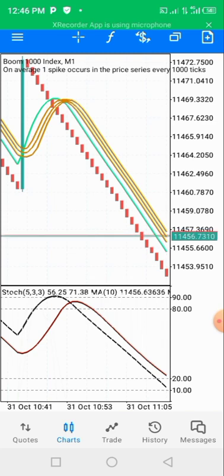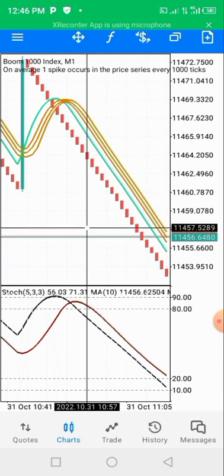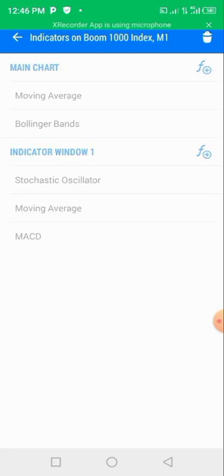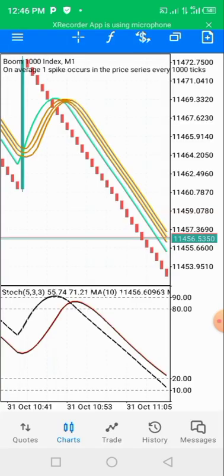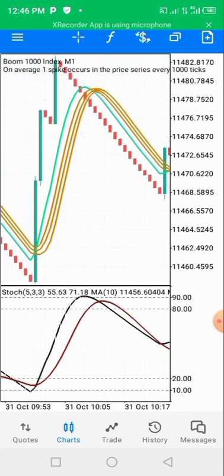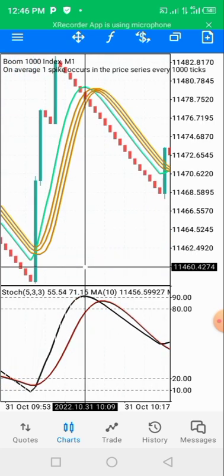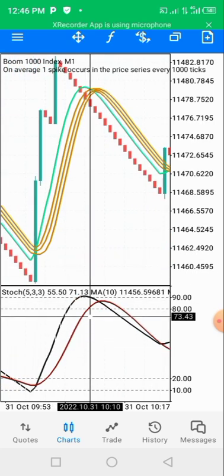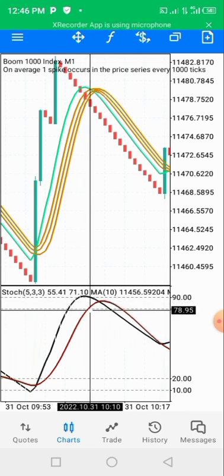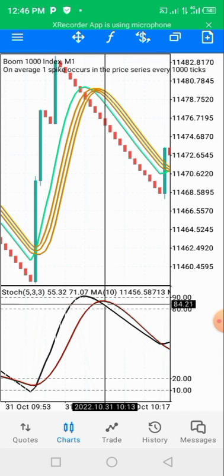So the first condition to be met is when you see on your indicator window 1 the red and the black indicator crossing each other above level 80.